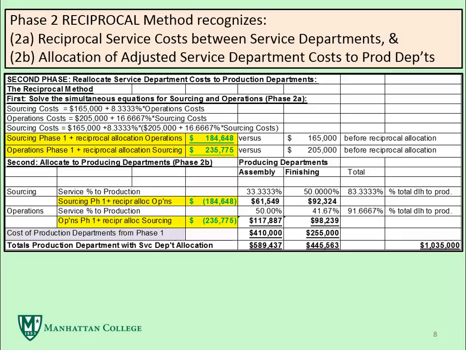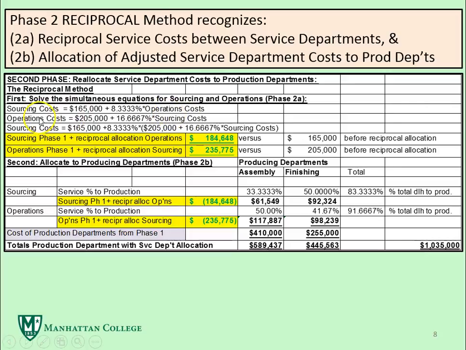What we recognized is that the sourcing department has its cost from phase 1 plus 8.3% of the operations cost from phase 1. The operations department has $205,000 in costs from phase 1, plus about 17% of the cost should be allocated from the sourcing department.